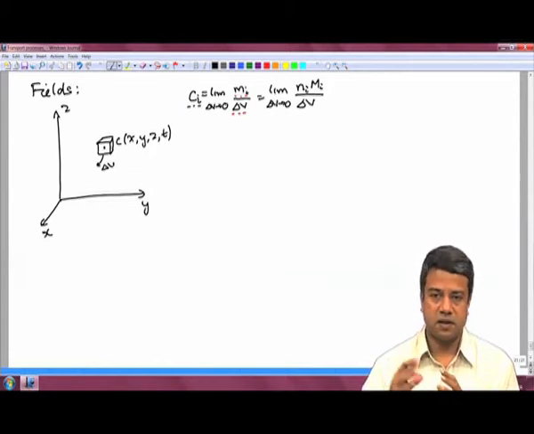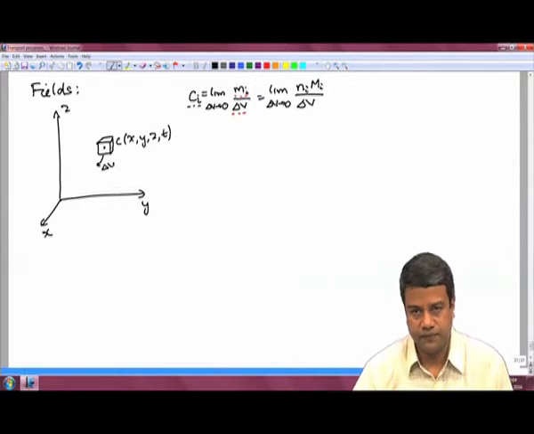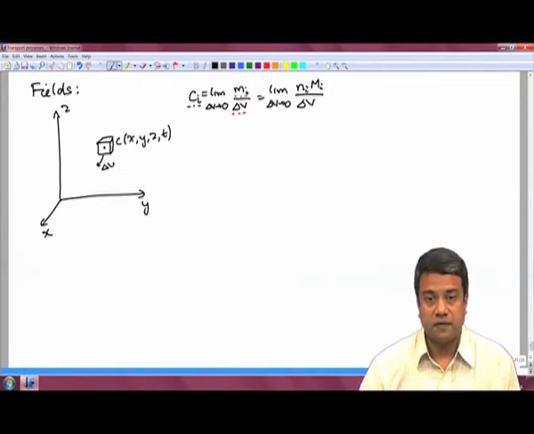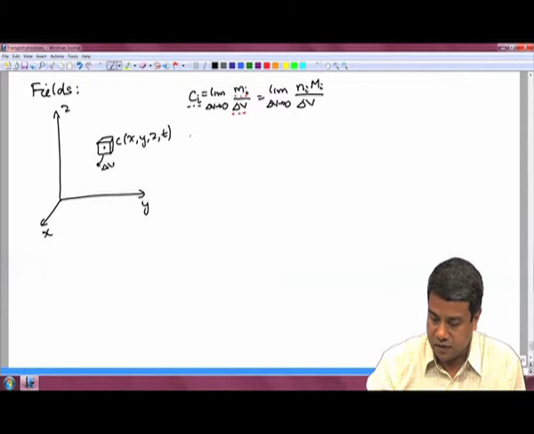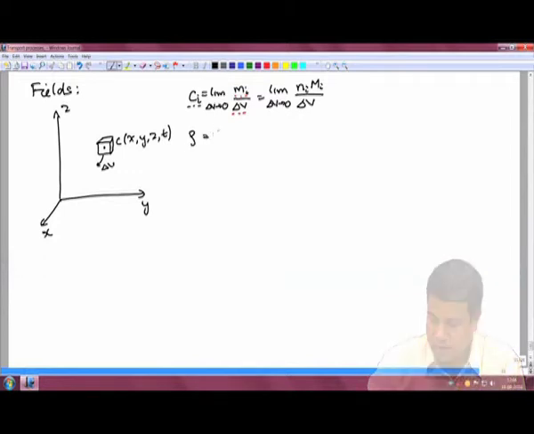The concentration is the ratio of the mass to the total volume. I can define the total density as equal to the total mass of everything put together, divided by the volume in the limit as delta V goes to 0. So, this is going to be equal to the summation over all species of the number density of each species times the molecular mass of each species, divided by delta V.